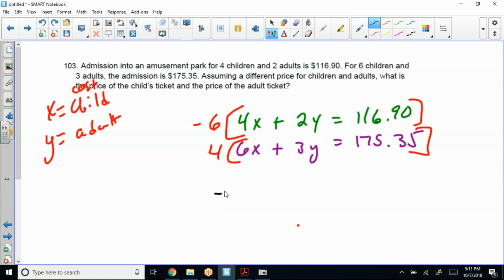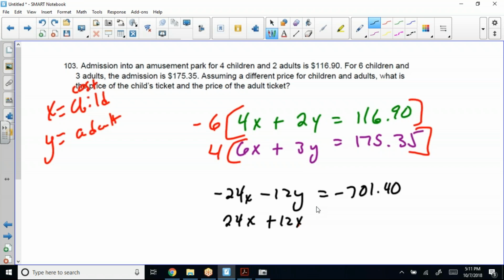So that's -24x minus 12y equals 116.90 times 6, which is -701.40. I left the x out there.